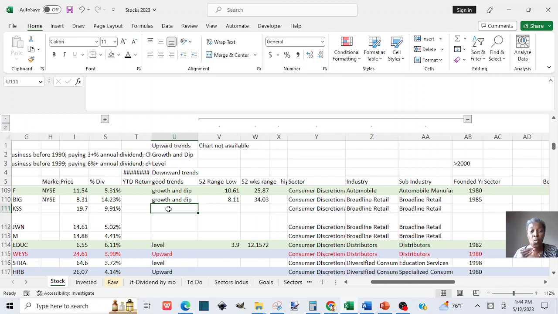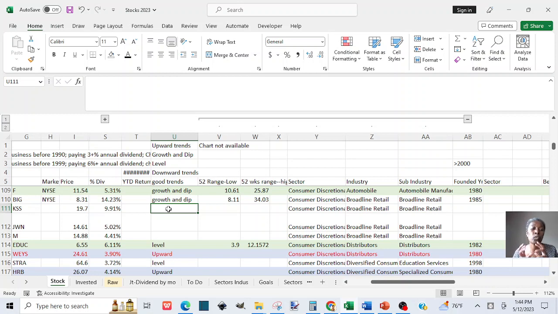So when you apply that last filter and the trend is growth and dip, now you will put it on your spreadsheet, but it's not something you want to buy just yet.